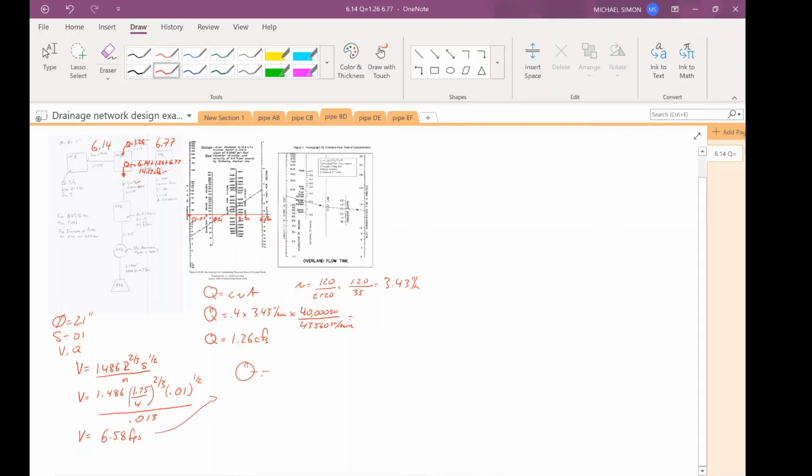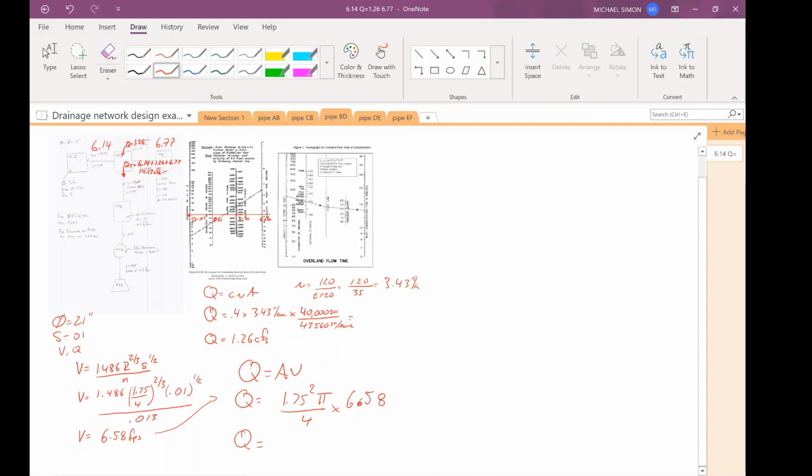Q is equal to AV. So Q is equal to 21 divided by 12, a 1.75 squared pi over 4 times 6.58 feet per second.